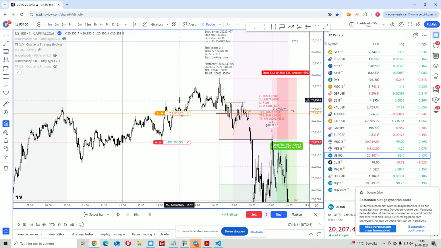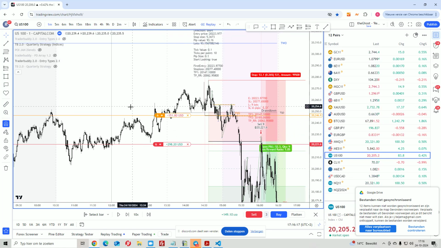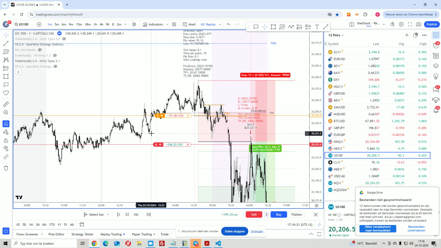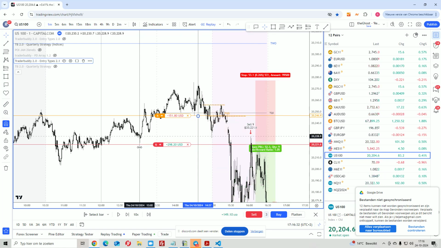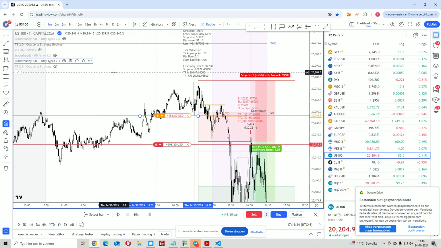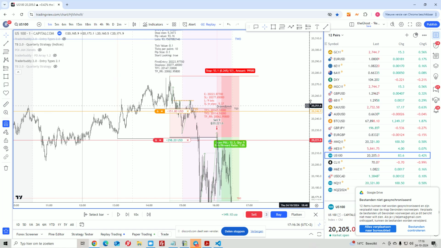So if I take, for instance, this low, let's see, here we break, and this is the inducement. Yeah, okay, so this is actually the inducement, because we broke this one, we broke that high. So if I put my swing on this low, I get other projection levels.